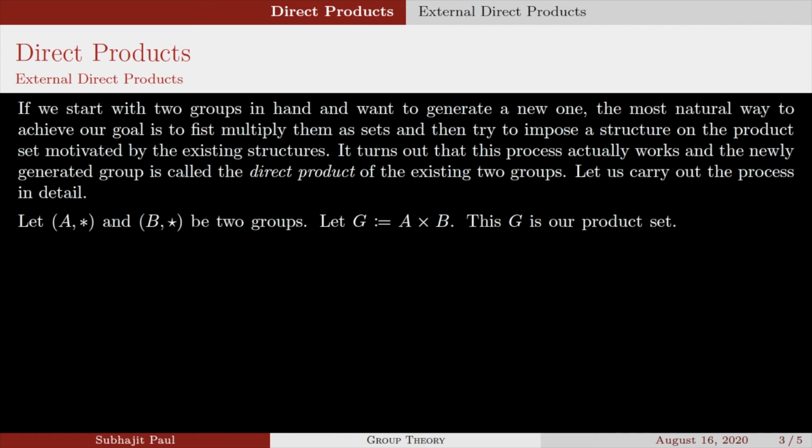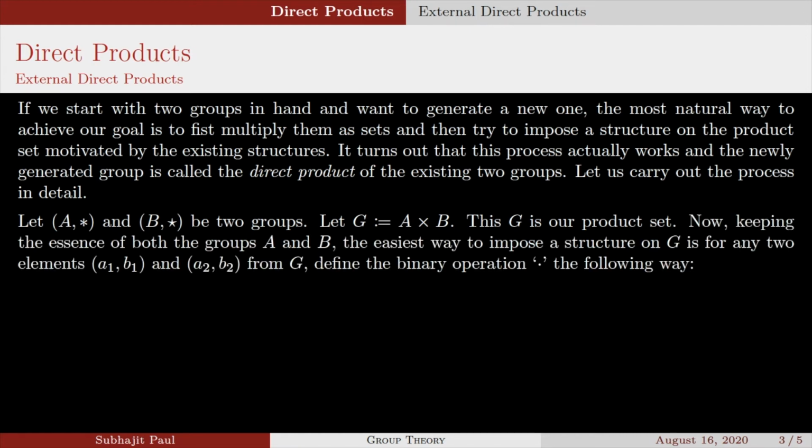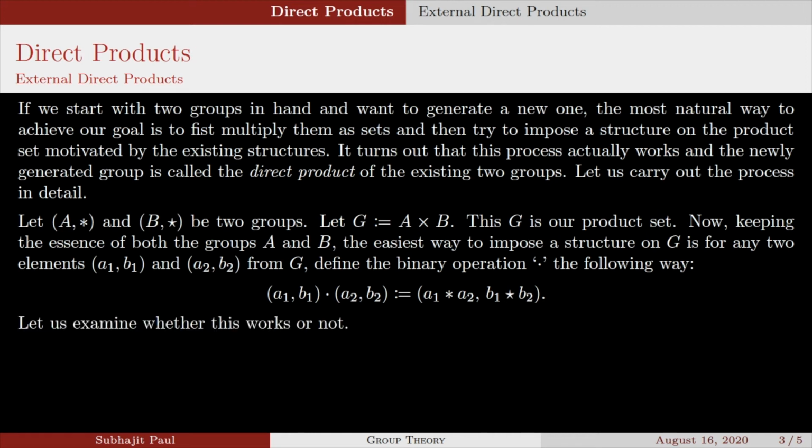So let A and B be two groups, A with asterisk, B with star. G is equal to A cross B. Then this G is a product set. Now, keeping the essence of both the groups A and B, the easiest way to impose a structure on G is, for any two elements (A1, B1) and (A2, B2) from G, to define the binary operation the following way, as we discussed there: component-wise multiplication, operation on A in the first component, operation on B in the second component.